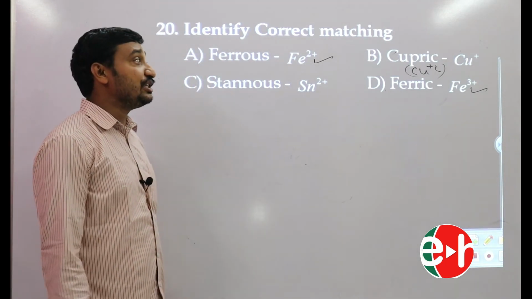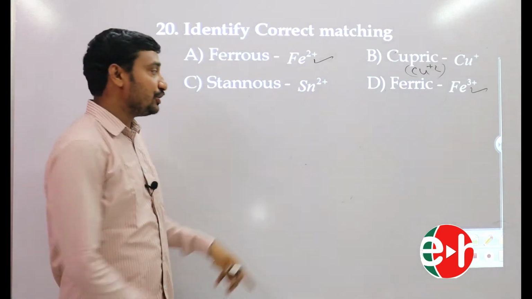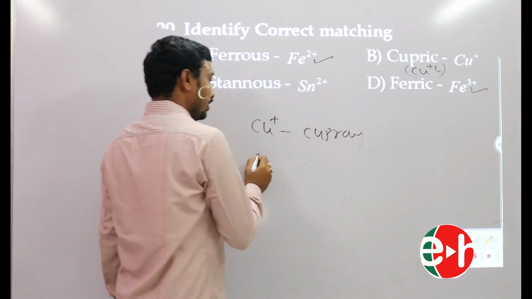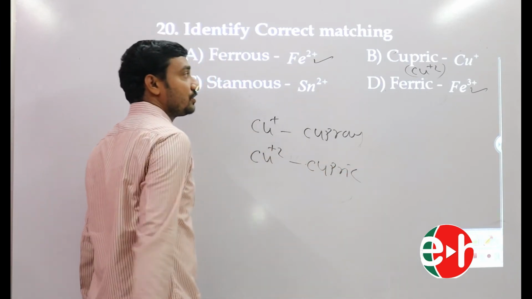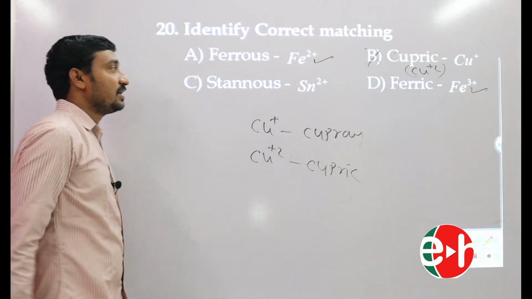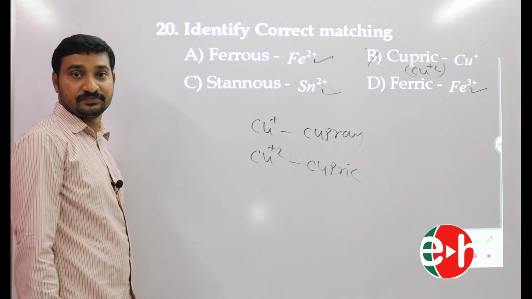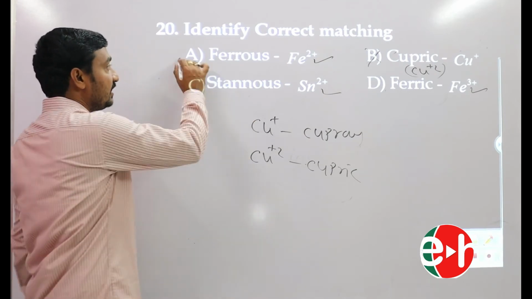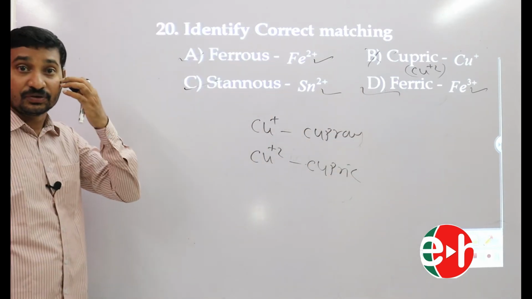Cu plus is cuprous, Cu plus 2 is cupric. So this is wrong. Stannous, yes, Sn2 plus stannous, Sn4 plus stannic. Hence A, C, D are correct. Second one is wrong. Okay, next one.